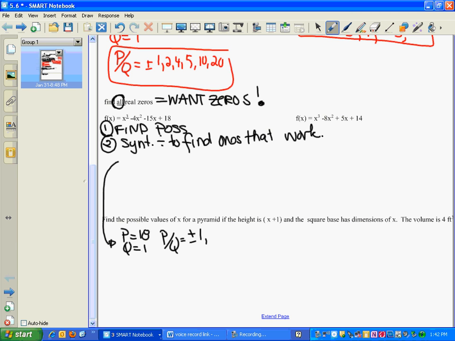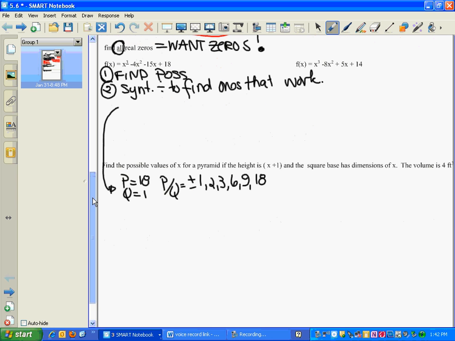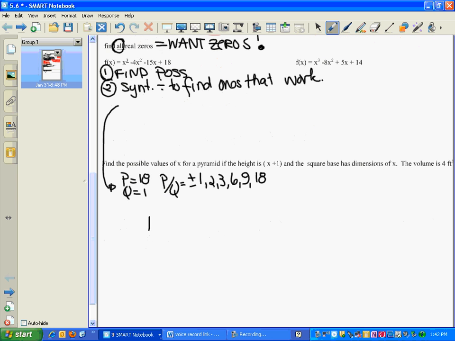Plus and minus 1, 2, 3, 6, 9, and 18. Using synthetic division, my polynomial has coefficients of 1, -4, -15, and 18. Now this is where it gets a little tedious, because I haven't told you which one to use, but these are my options.